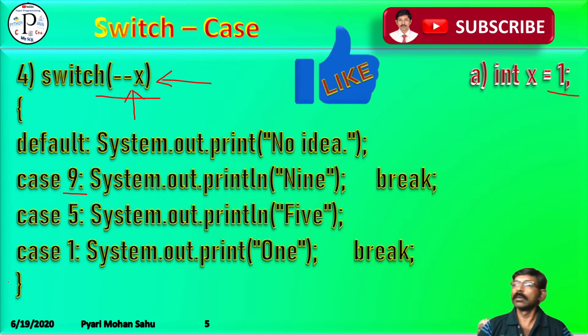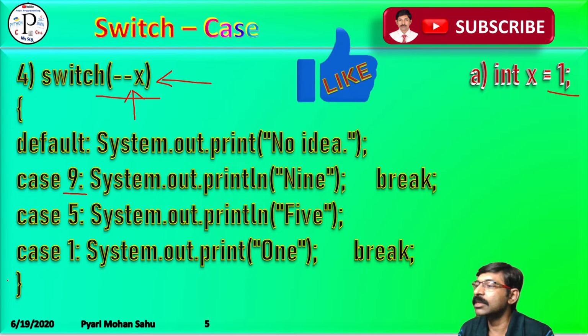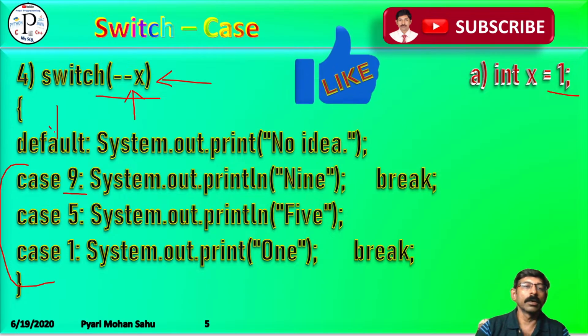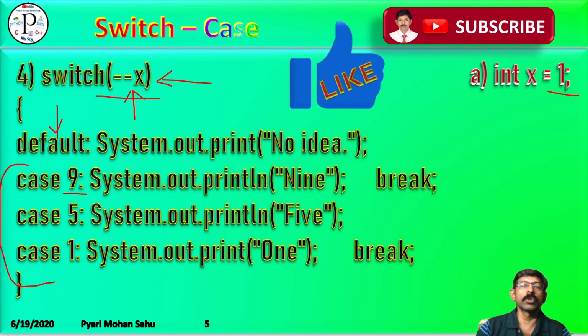Okay, now a few students have given the answer no idea in lower case and the dot is missing. Now x value is 1, minus minus x will make it 0. Because no case is satisfied, it is not because default is available at the beginning. It is because no case is satisfied. That's why it will execute default and we got no idea.